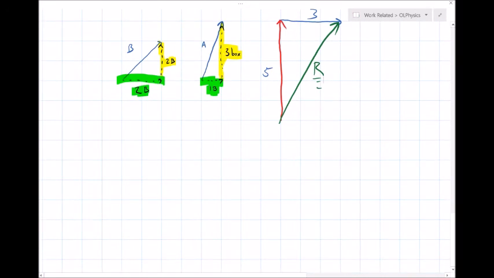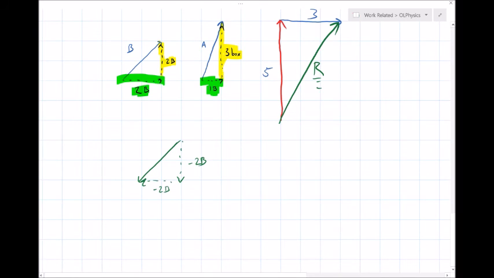One quick thing to mention is what happens if B was instead in this direction. Well, this one, rather than being to the right 2 boxes and up 2 boxes, is actually down 2 boxes. So this is actually a -2 box. Go across, this is -2 boxes.